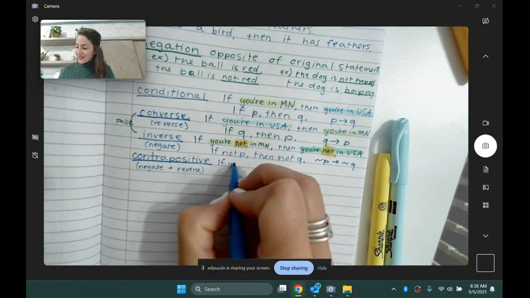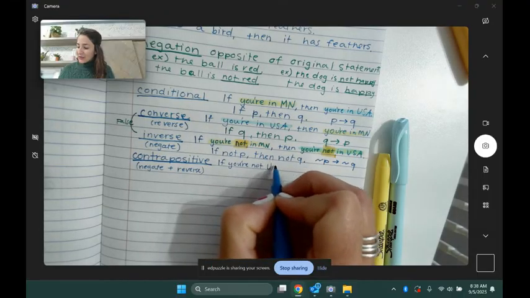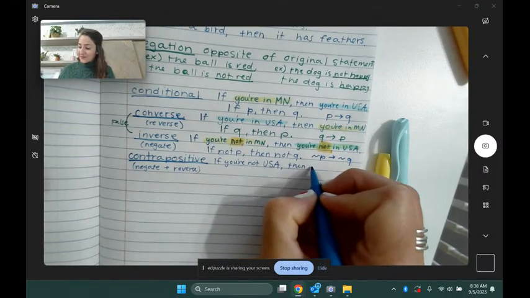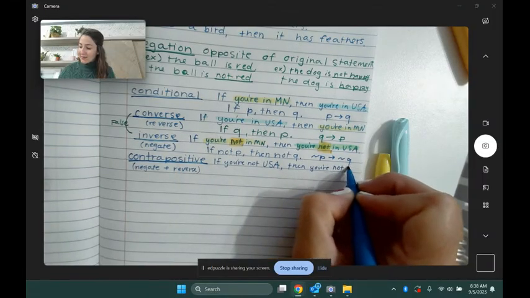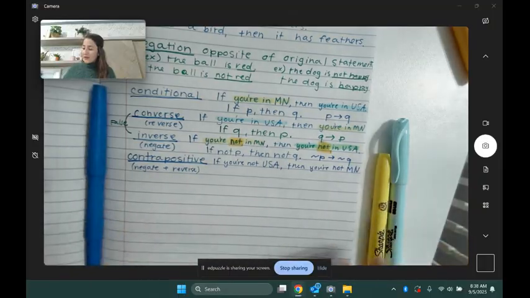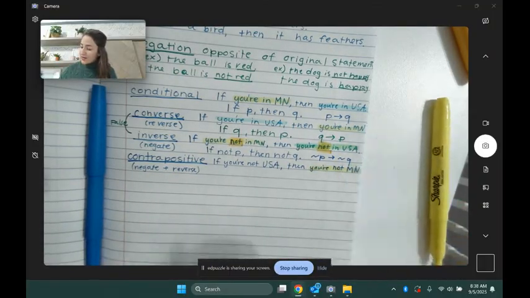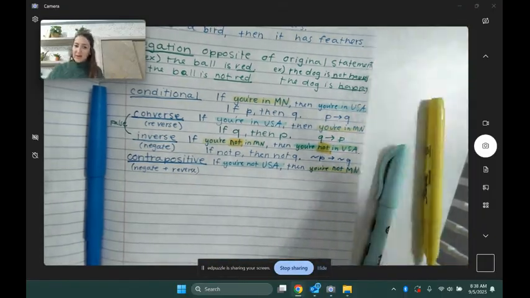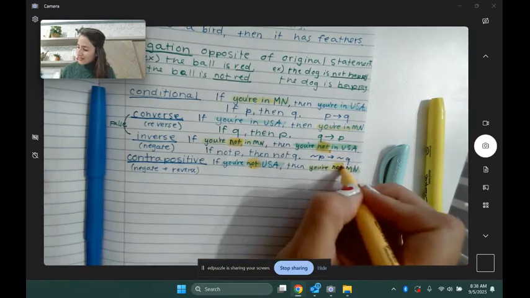Negate and reverse. Okay, so it's going to look like this. If you're not in the USA, then you're not in Minnesota. So notice my hypothesis is now over here, my conclusion is now over here, and they're both negated.